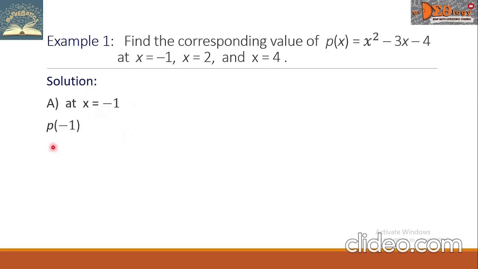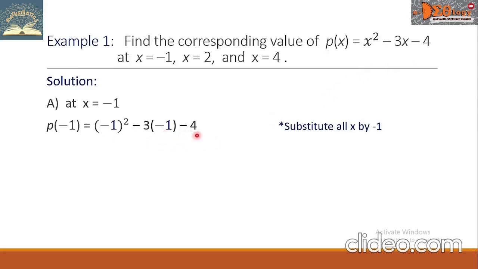In symbol, we write p of negative 1. The function p of x is given here. So, what we're going to do is, we substitute all x by negative 1. So, the x squared becomes the square of negative 1 minus the 3x becomes 3 times negative 1.